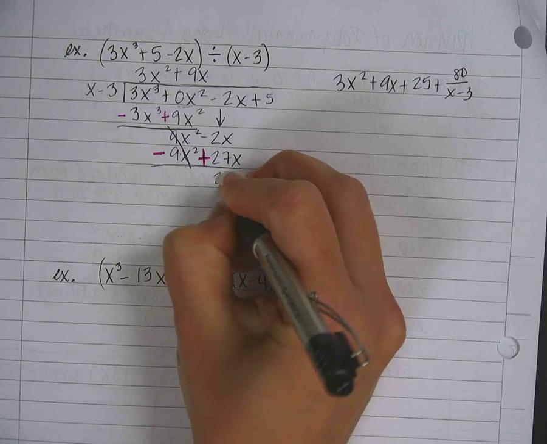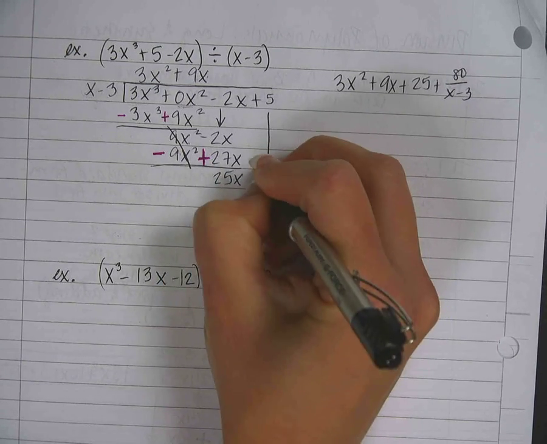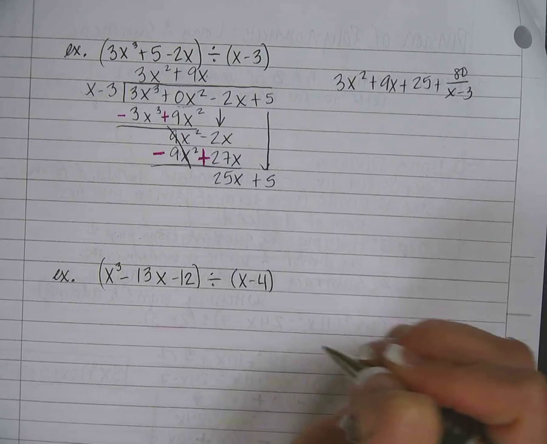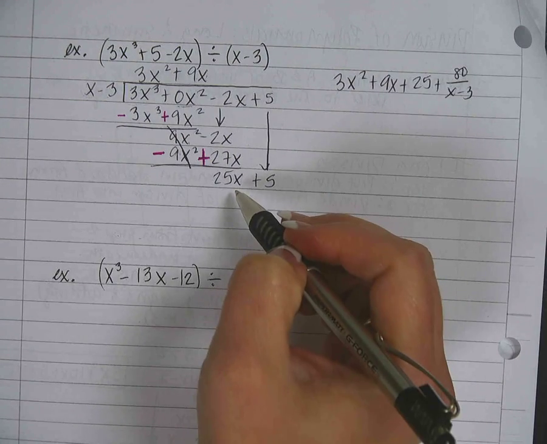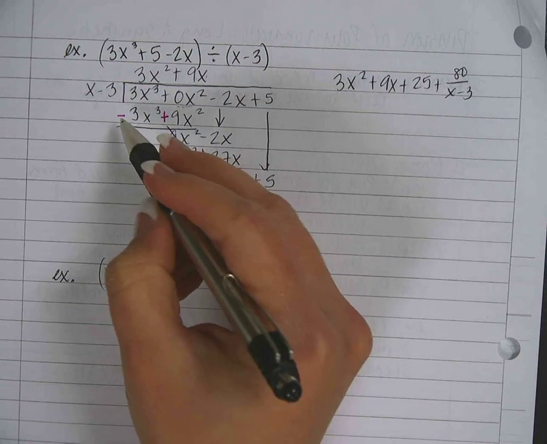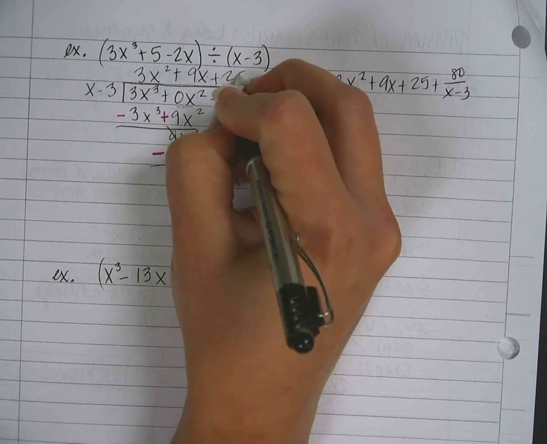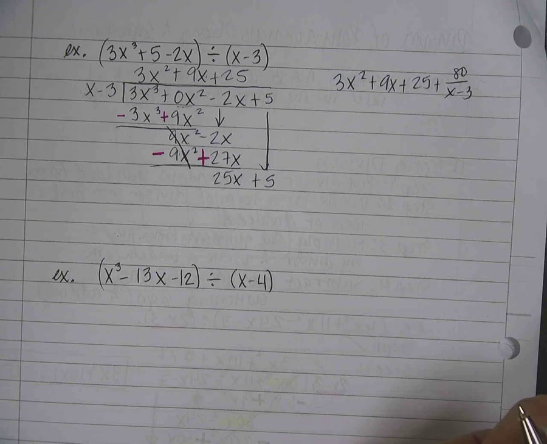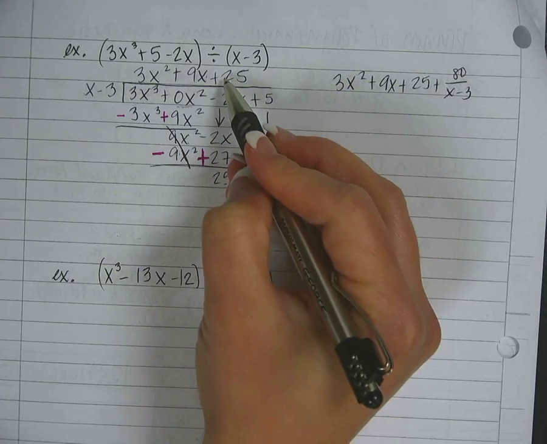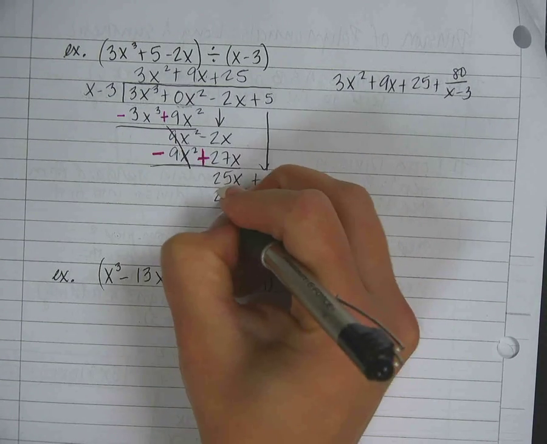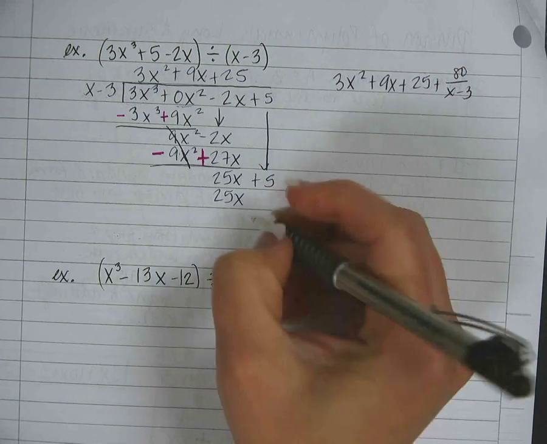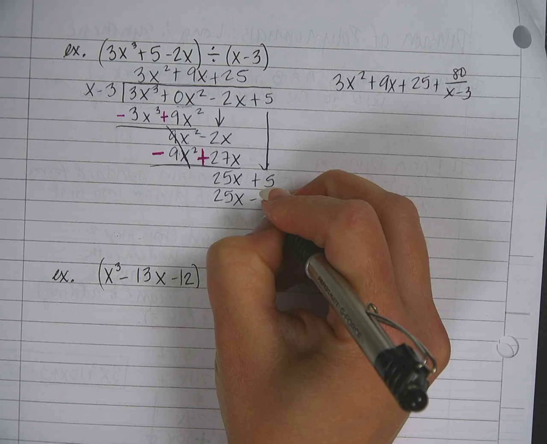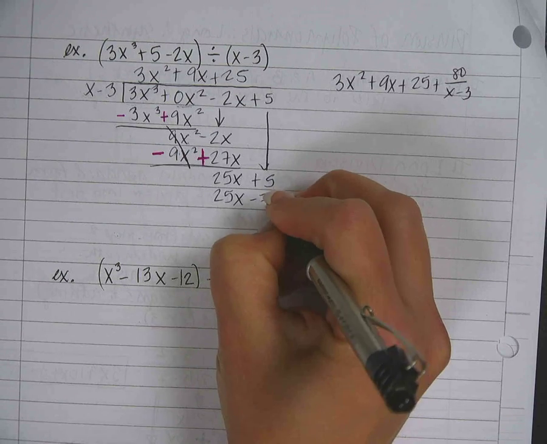Now 25x, and I'll bring down my plus 5. Okay, to get my x to match my 25x, or 25x divided by x, I need 25 right here. 25 times x is 25x. 25 times negative 3 is negative 75.